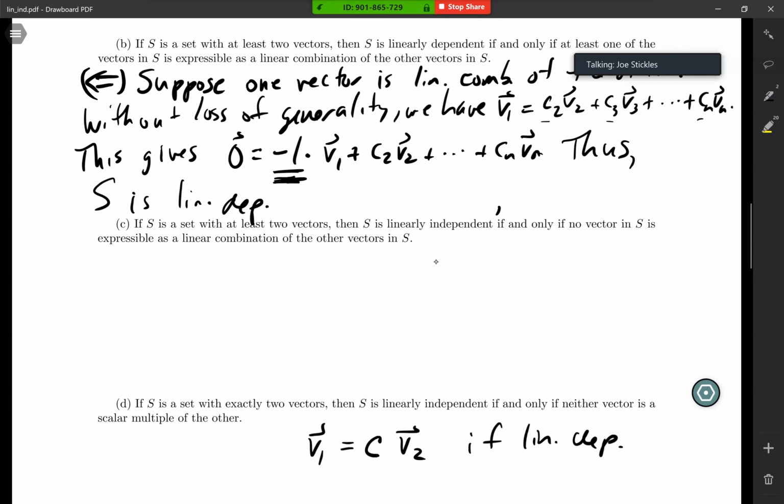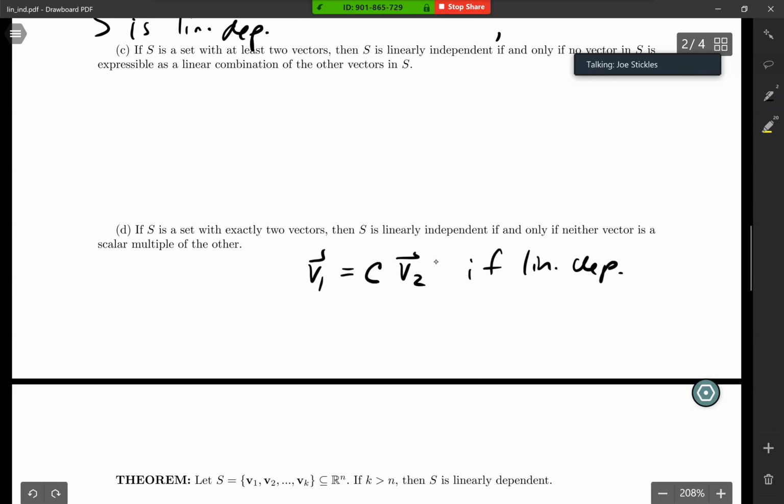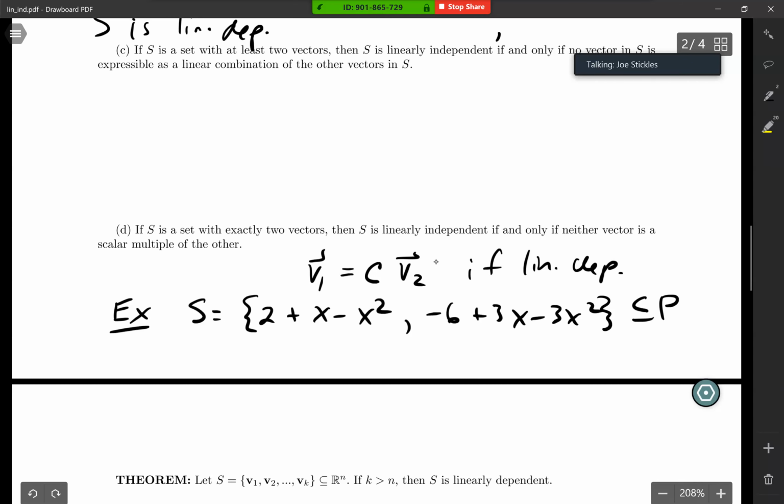So by example here, let's say S is the set 2 plus x minus x squared and negative 6 plus 3x minus 3x squared, and this is in P2. What do you notice about the first polynomial with relation to the second?